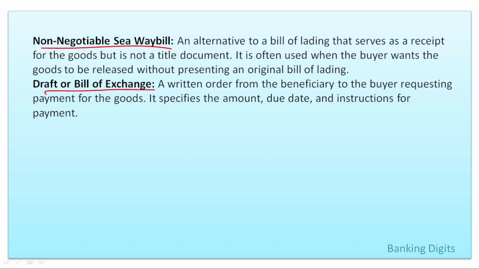It specifies the amount, due date, and instruction for payment. Please remember, this draft or bill of exchange is a legal document, and in some countries you need to pay stamp duty against it.